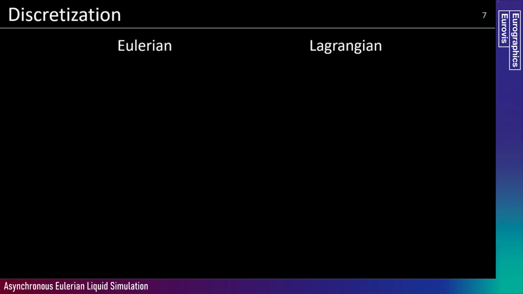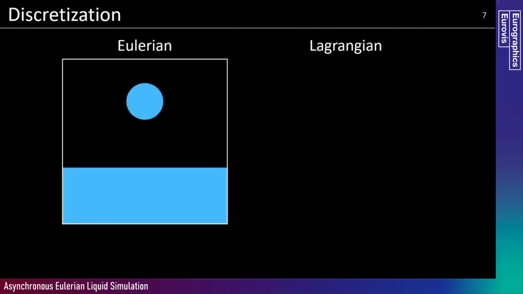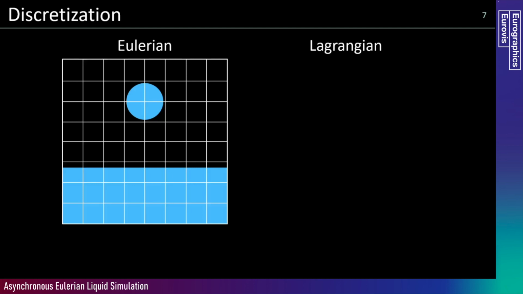Before talking about our method, let me introduce the background of liquid simulation. To simulate liquid, we have to discretize the simulation domain. There are two common approaches for discretization, Eulerian and Lagrangian. In the Eulerian method, we split the simulation domain into grids and set physical values like velocity or pressure on the cell center or cell faces.